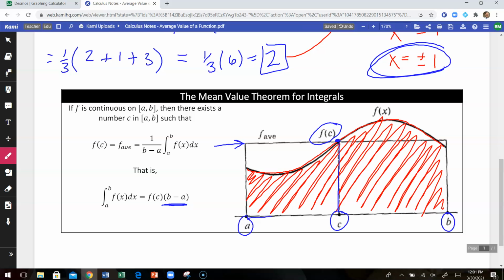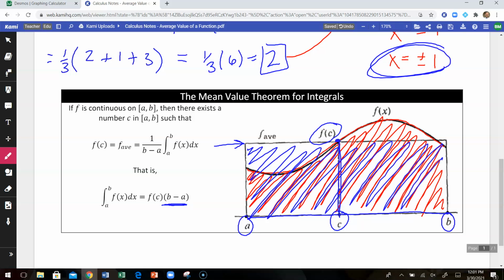So I've got this width, b minus a, and this height, f of c. Then if I multiply those two values, the width times the height, I have a rectangle that has the exact same area as the area under the curve.